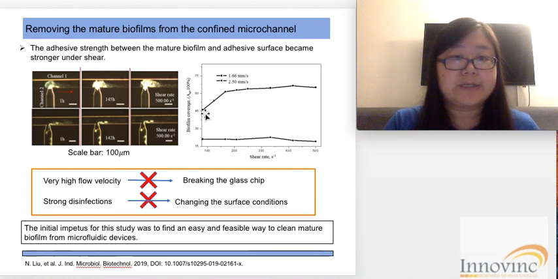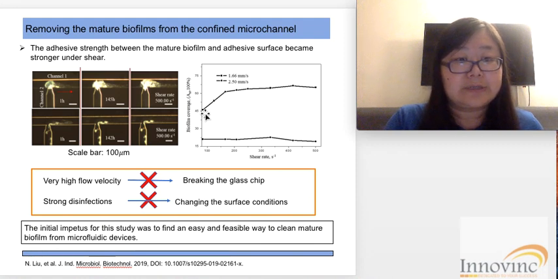There is a pressure limitation for the glass chip, so it might damage the microsystem. And also we cannot use strong disinfectants like acid solution. It will react with our glass chip and change the surface condition, which is one important parameter we are going to study.